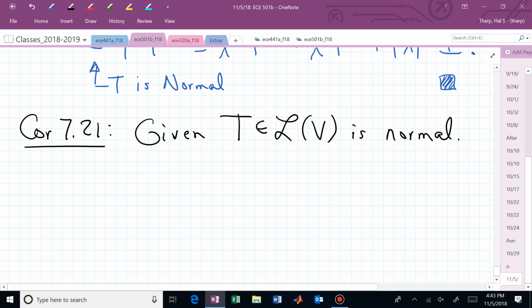And now, if v is a vector in our vector space capital V, in fact, it's more than just that.